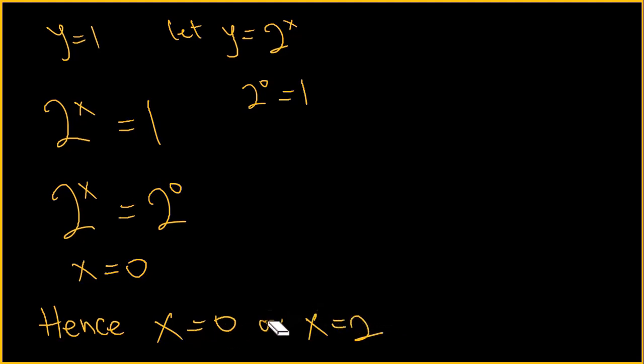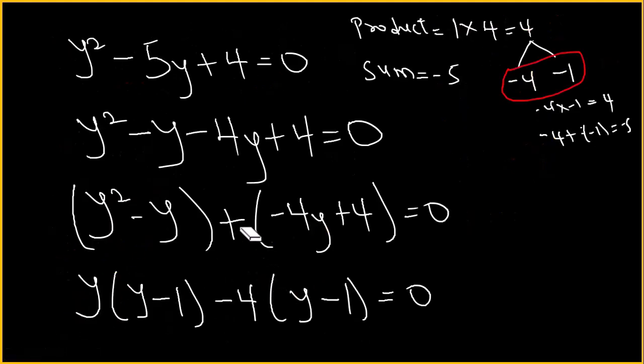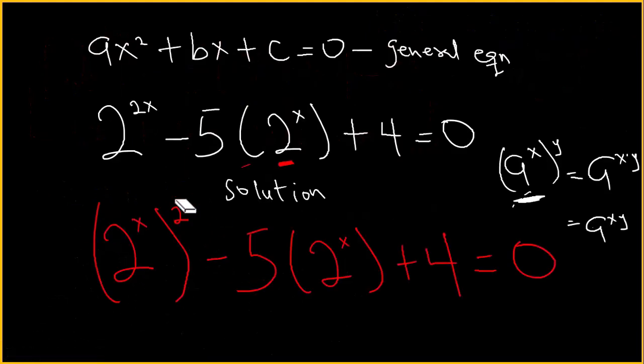These are the solution sets of our equation, 2 to the power 2x minus 5 multiplying 2 to the power x plus 4 equals 0.